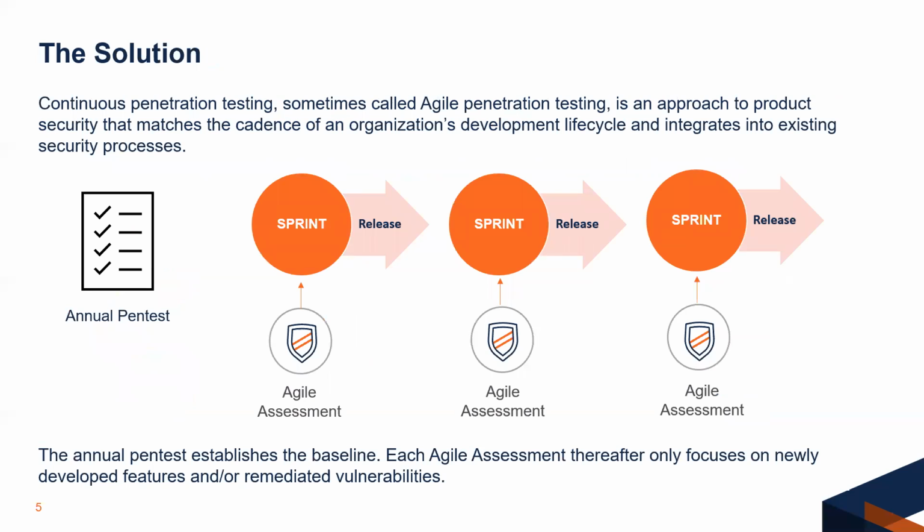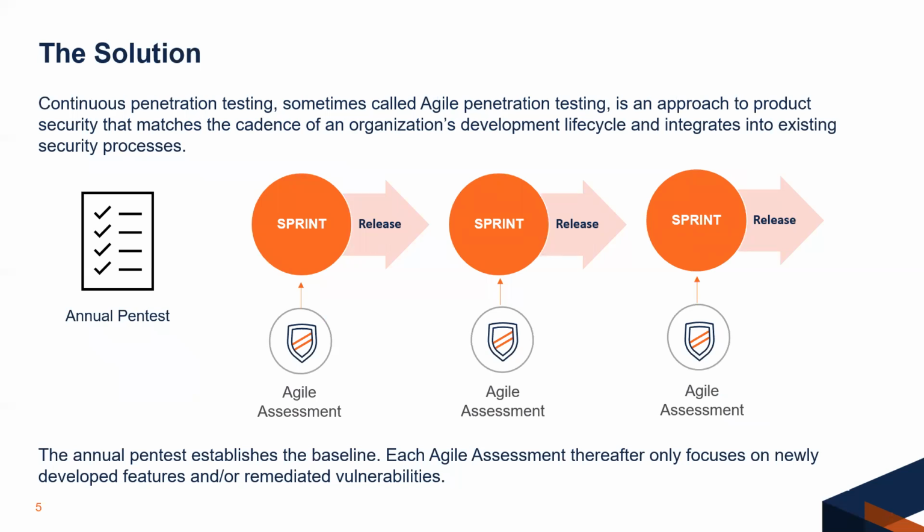Continuous penetration testing, sometimes also referred to as agile pen testing, is an approach to product security that matches the cadence of an organization's development lifecycle and integrates into existing security processes. The way it works is that the annual pen test establishes the baseline. This pen test is a comprehensive review of the entire application.